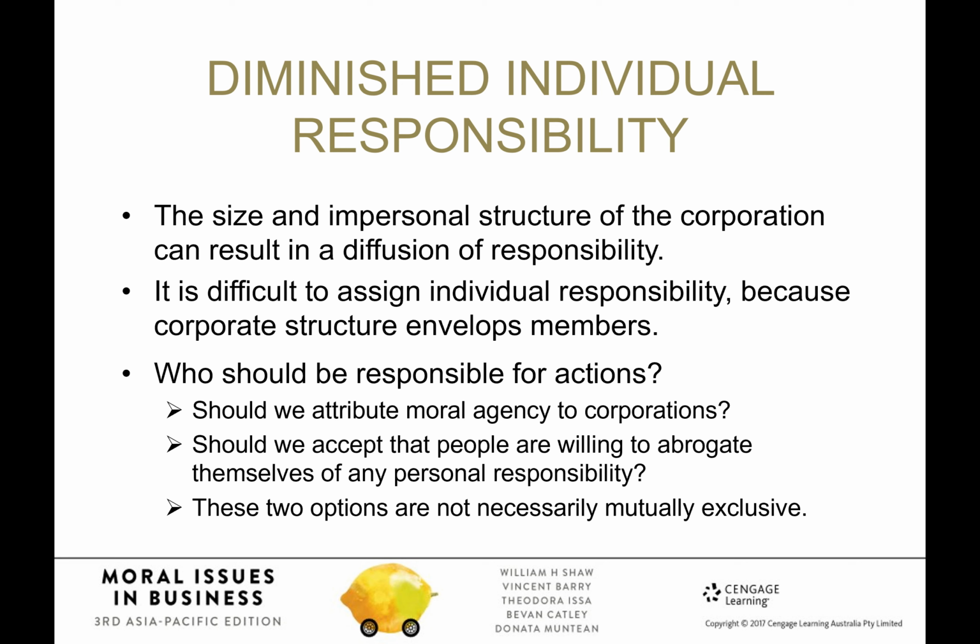Are you responsible? Is the corporation responsible? Is the manager responsible? Is the property manager? Who's responsible? You get this murkiness about who should be responsible for the safety of individuals. And that's why we have public liability insurance and other things like that.